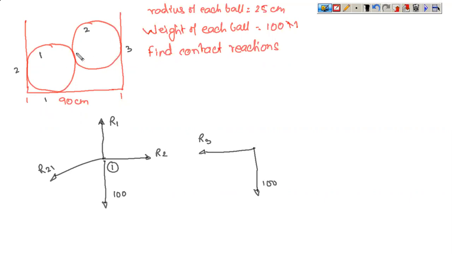Now this is also acted on by a reaction from ball 1. So ball 1 will exert a reaction on ball 2. Now let us show what all is known to us. If you look at the known quantities, this angle is 90 degree.